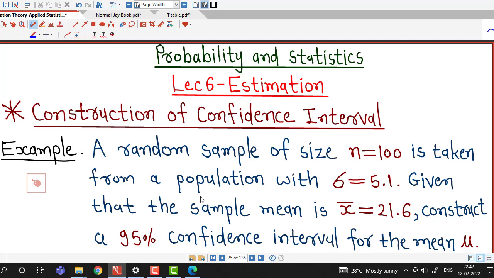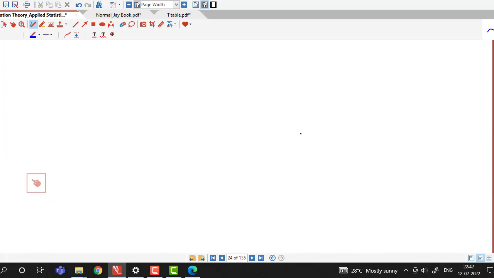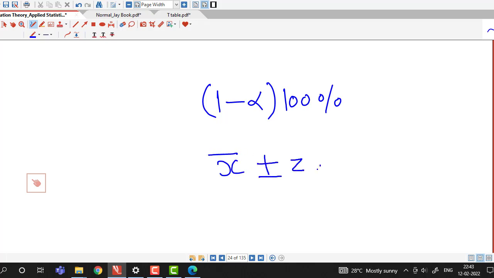In the previous lecture we discussed the confidence interval formula for large samples as well as small samples. If we recall, the large sample confidence interval formula with (1 minus alpha) times 100% confidence level is x bar plus or minus z alpha by 2 times population standard deviation divided by square root of n.